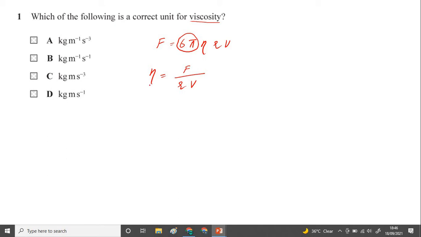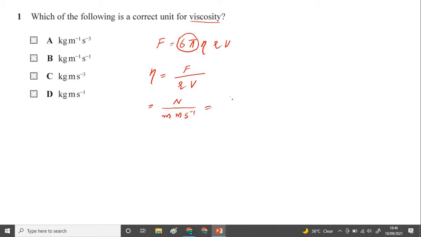Remember, I did not write 6 and pi because these are two constants without units, so we don't need them. From here, F is the force in Newton, divided by r, the radius in meter, and V, the speed or velocity, in meter s minus 1. Newton is not in the options, so let's get rid of it.